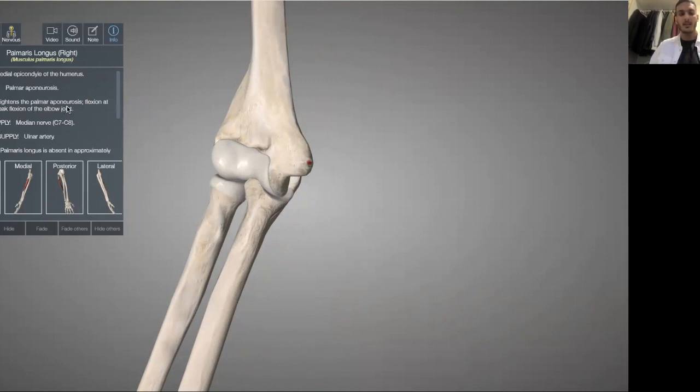Action: tightens the palmar aponeurosis, flexion of the wrist, weak flexion of the elbow joint. Nerve supply, median nerve, arterial supply, ulnar artery. Variation: the palmaris longus is absent in some people, so sometimes the palmaris longus is absent. Okay, next.